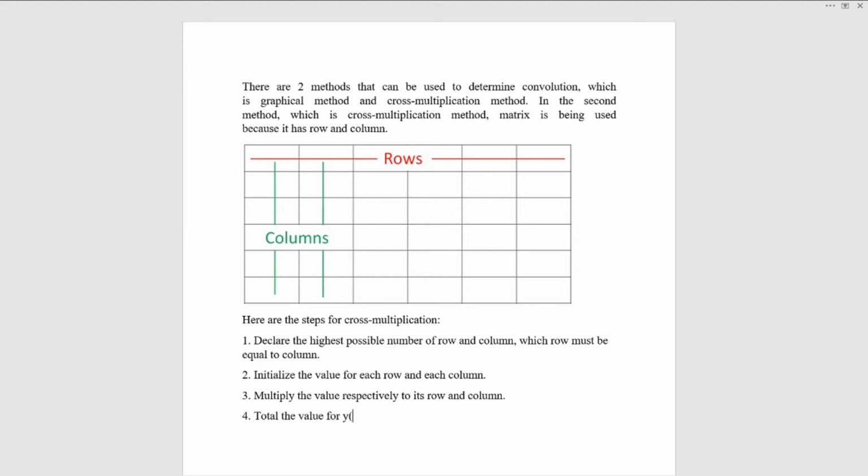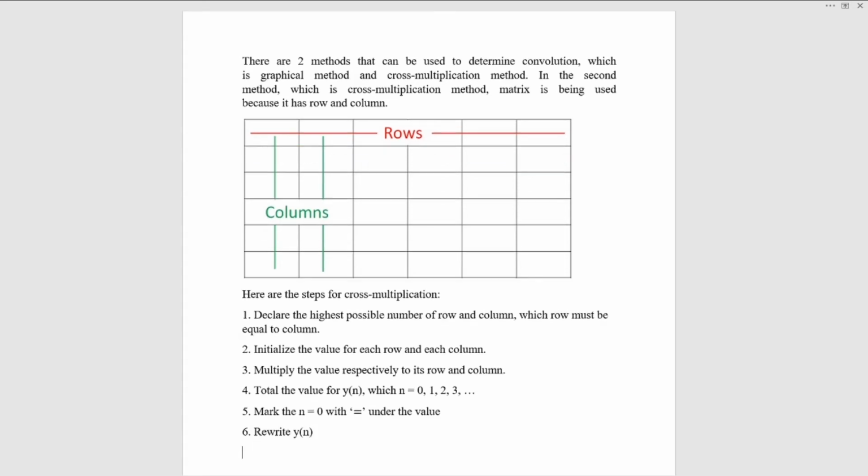Fourth, group the results of the multiplication depending on the row and column, then sum the values in each group to get the output. Fifth, the origin of the row and column will be marked with a double underline, thus the origin of the output will also be marked with a double underline. Sixth, rewrite all the output results from step 4. Last, plot the graph. Alright, let's see an example.